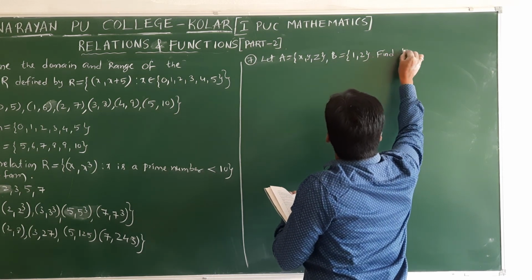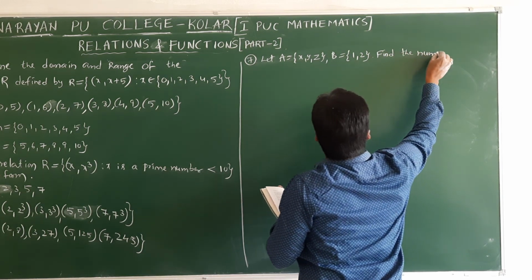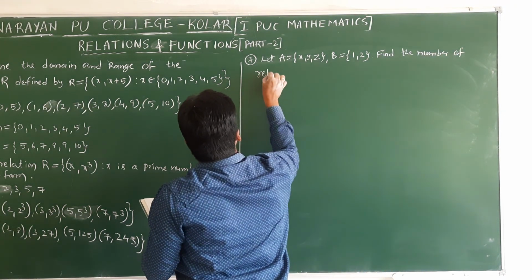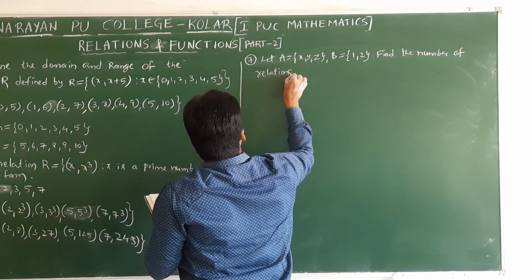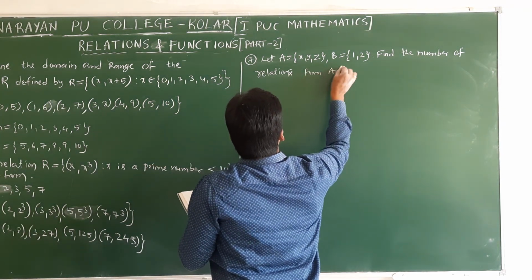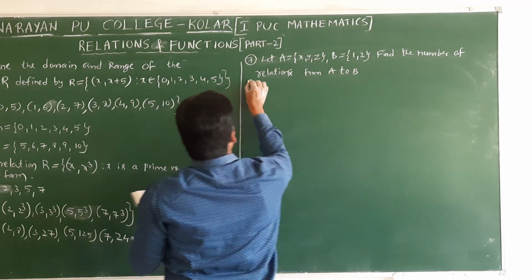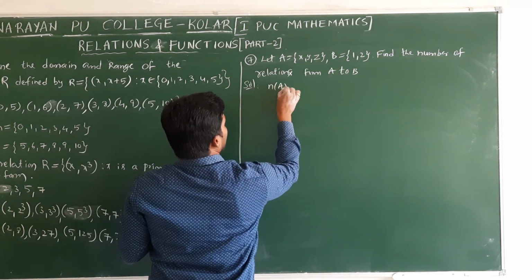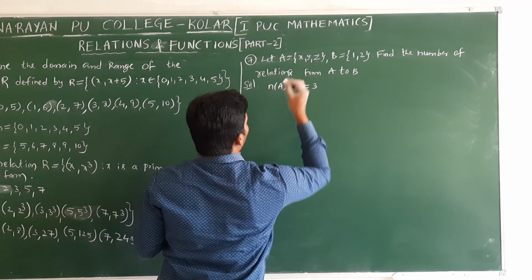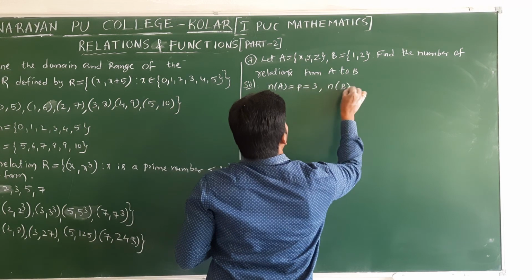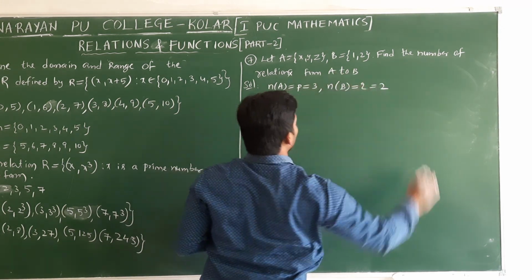Find the number of relations from A to B. Already we are given the formula. Number of elements in A, that is P symbol. How many elements are there in set A? 3. N of B, that is Q, 2 elements.